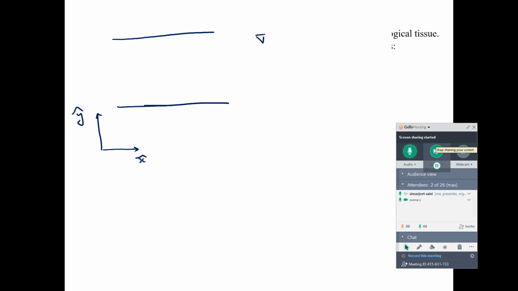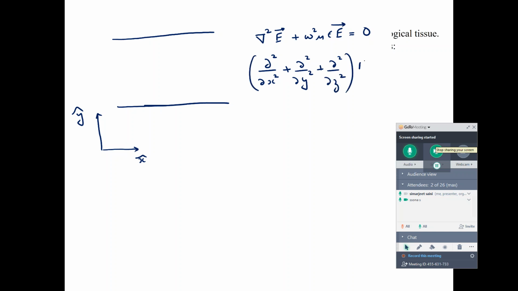I want to find a solution to del square E plus omega square mu epsilon E is 0. I want to take this and solve this problem. Del square, as you probably remember, is del square by del x square plus del square by del y square plus del square by del z square, acting on E, plus omega square mu epsilon E is 0.